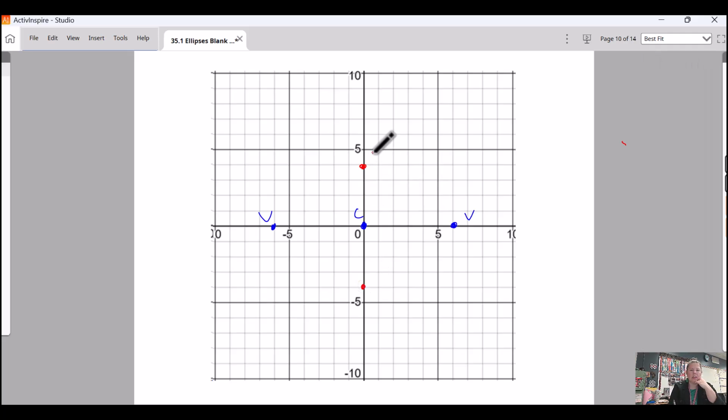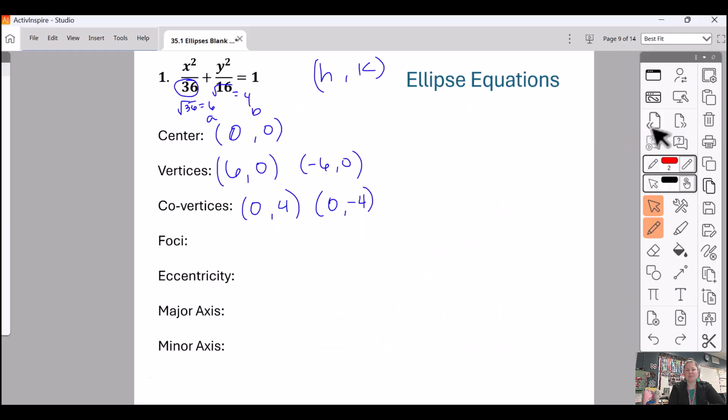So this is a co-vertex, and this is a co-vertex. And then, as poorly as I can, I'll sketch the ellipse. It kind of looks like a potato, but it's a little bit longer on the horizontal axis than it is on the vertical axis.